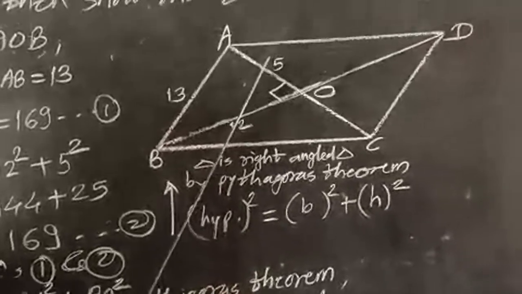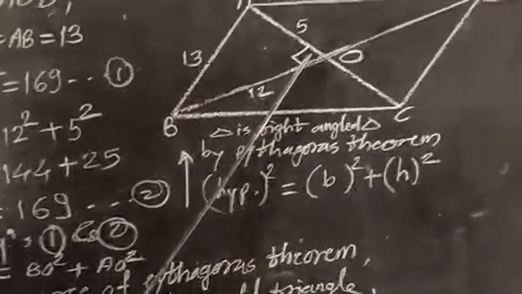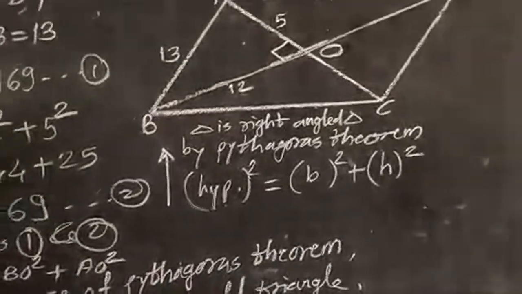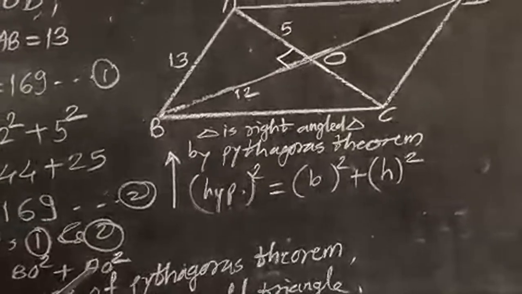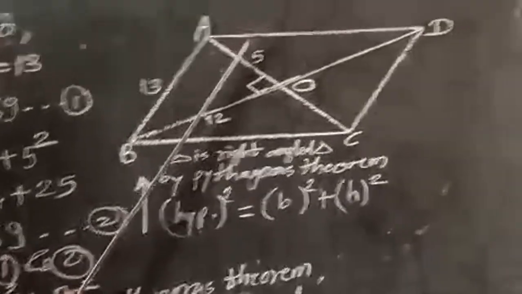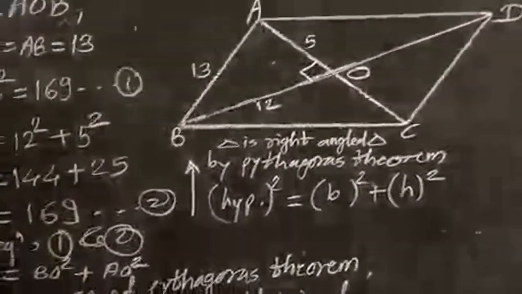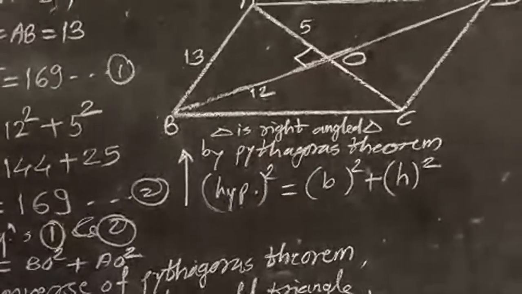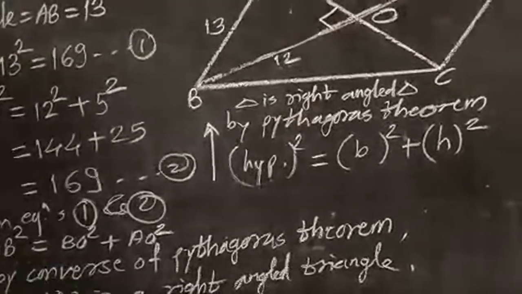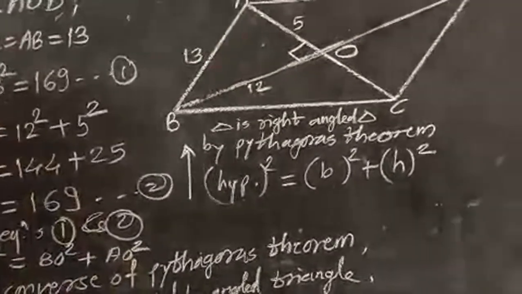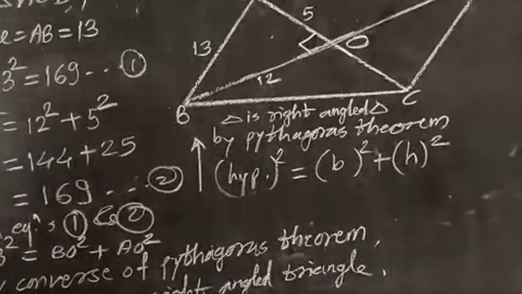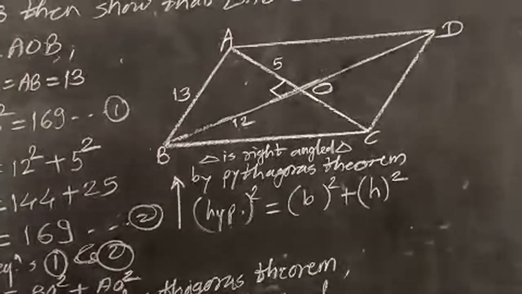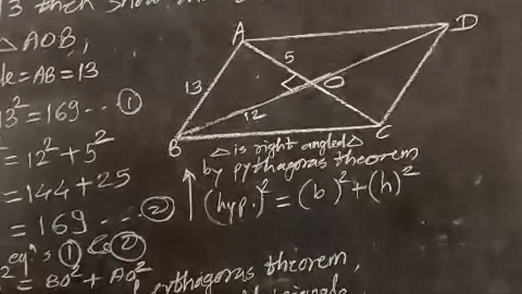Here 90 degrees means both diagonals are perpendicular, and perpendicular and bisect means perpendicular bisector. That concept I told you before; only one student remembered. That is called concentration.